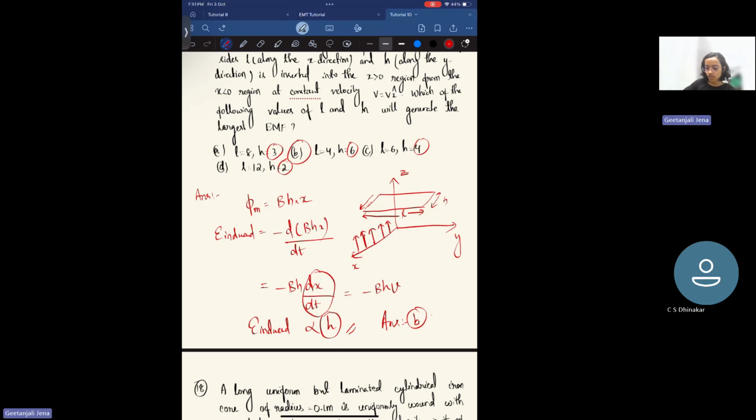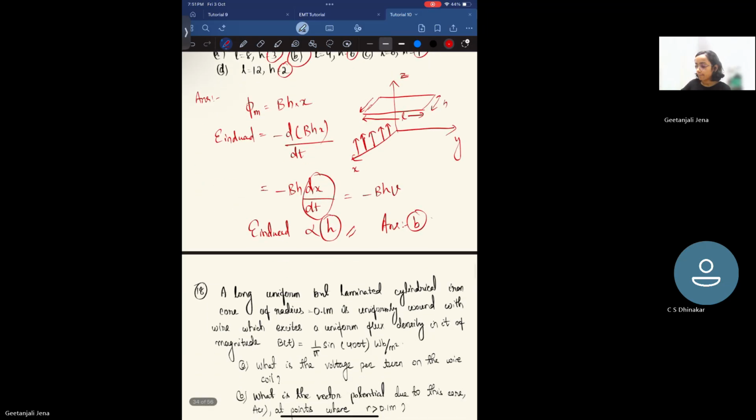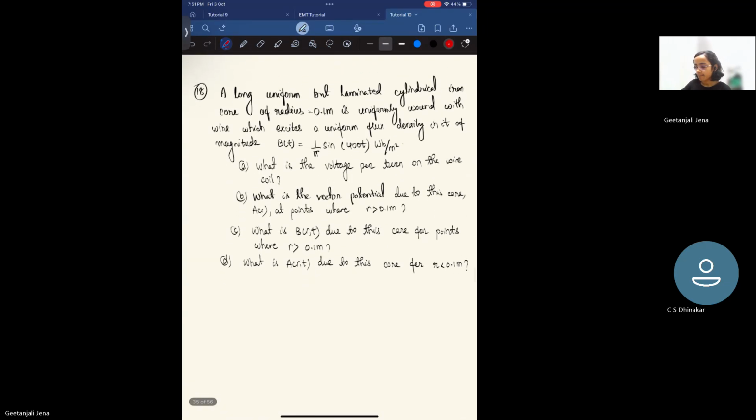We'll solve our last problem for today. In our last problem, it's given a long, uniform but laminated cylindrical iron core of radius 0.1 meter, uniformly wound with wire.